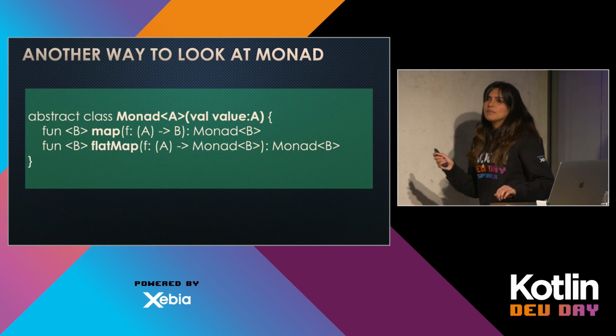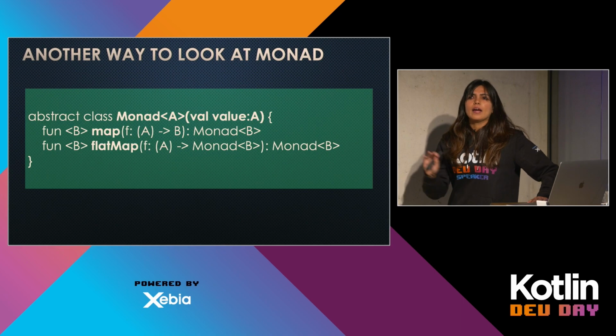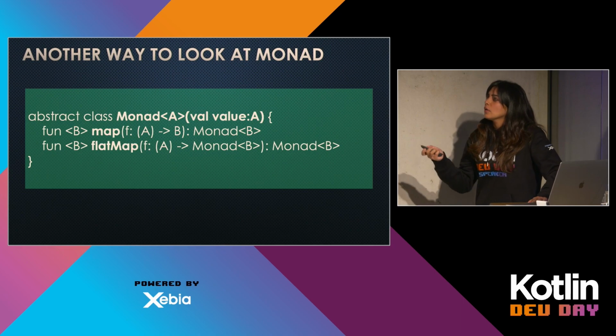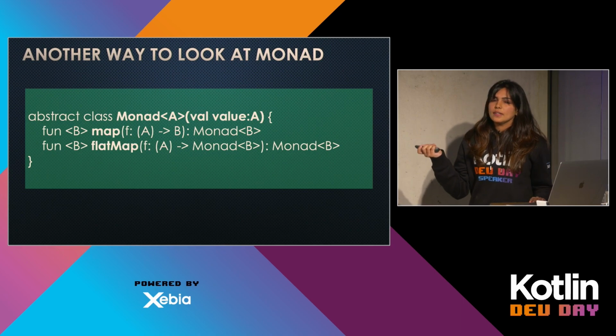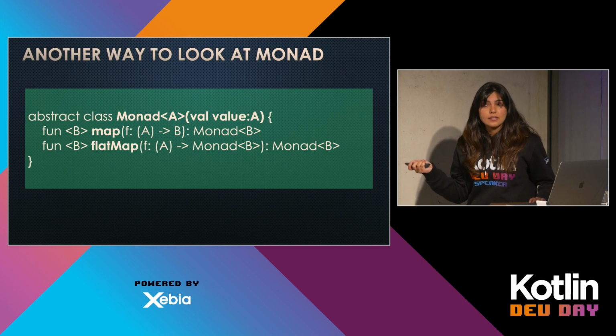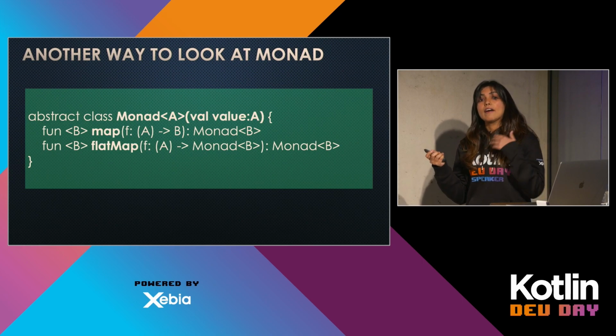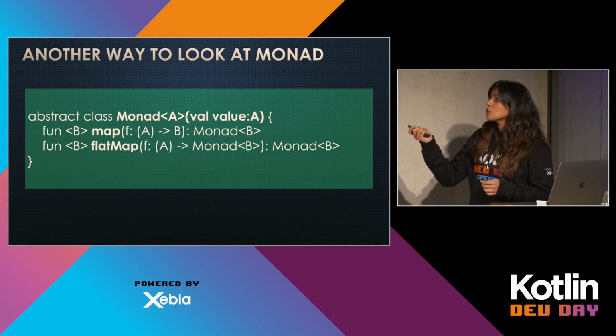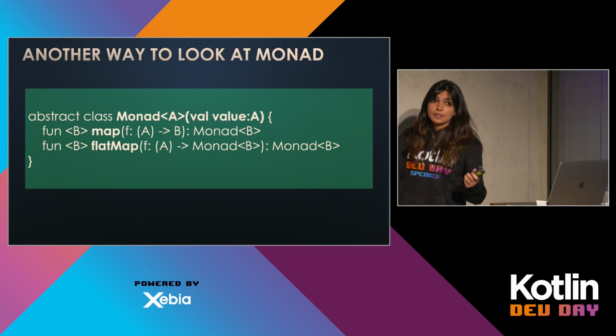Let's try to look at a monad in a more simple way, in more of an implementation mode. So a monad is basically an abstract class. It should, let's say, have 3 properties. The first property is of course that it should be a wrapper type.